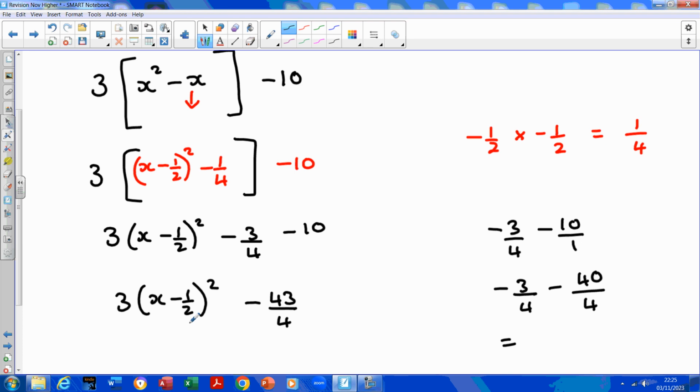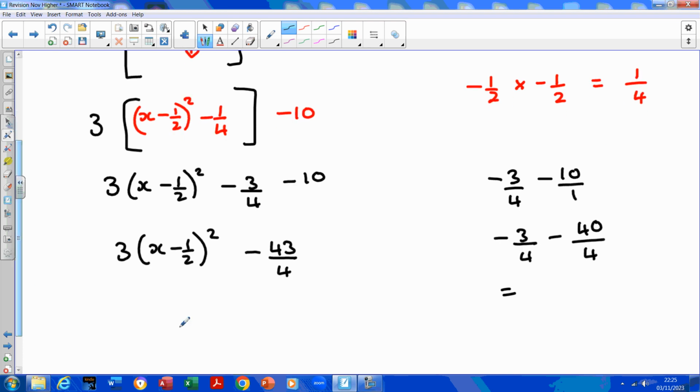Now, I'm going to ask a wee extra question here. What's the turning point of this parabola? So turning point, change and keep, which is a half, minus 43 over 4. Now, sometimes you're asked a minimum value or a maximum value. You're not asked it here, but you could be. So that is just asking your y coordinate. So this is a happy one, so it looks like that.